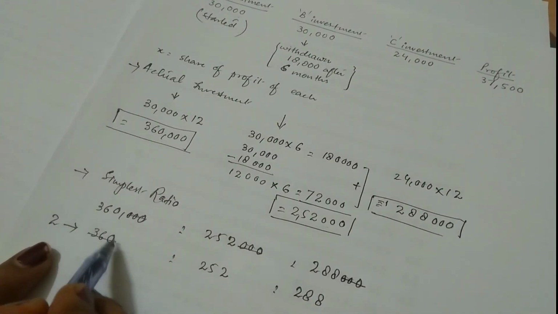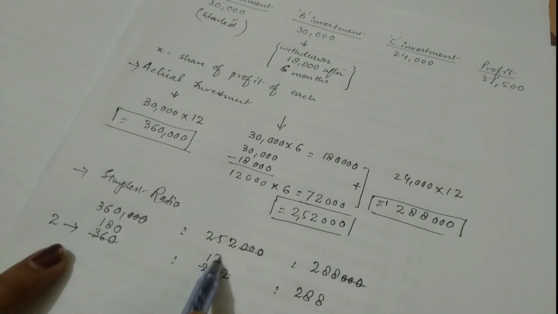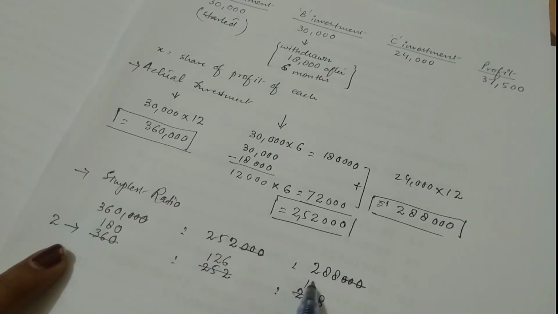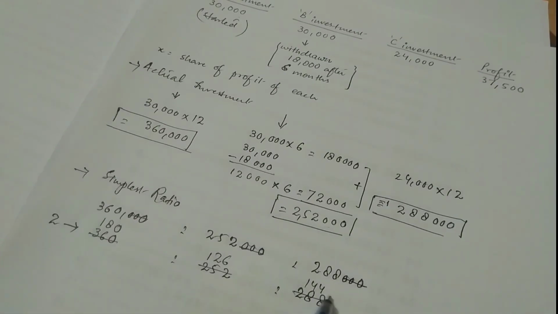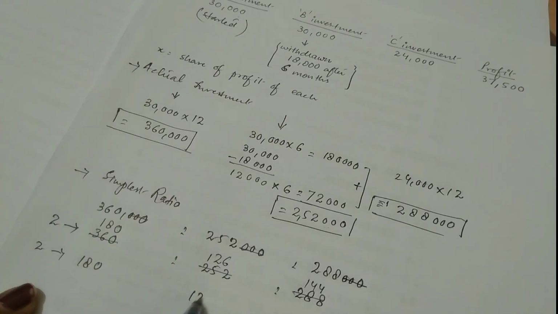Then we'll use the only one table, that is 2. When we cut it, we'll get 180, 126 and 144.